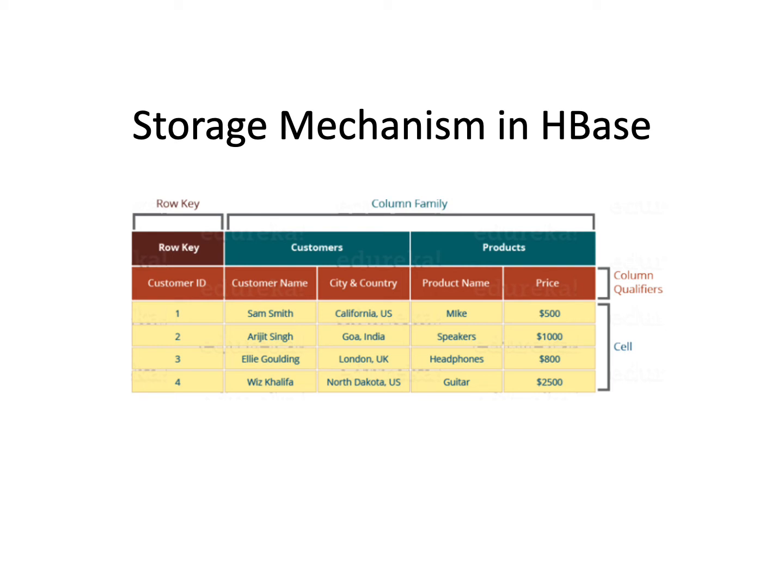We can see here another example of the storage mechanism in HBase. It consists of a table, but in this table we can see different components, including row key, column family, column qualifier, and cell. We will discuss these one by one.